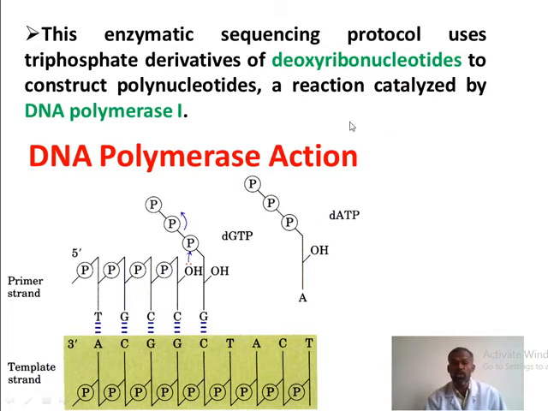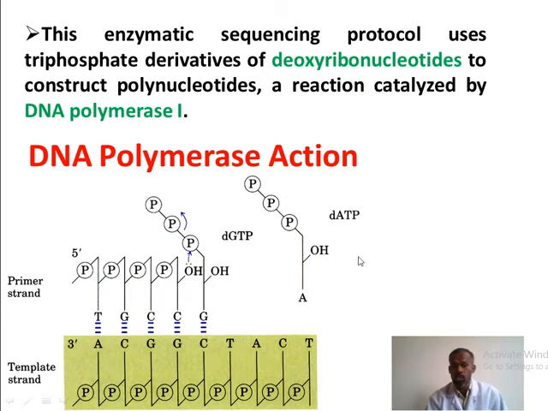First, you need to know how DNA replicates using deoxyribonucleotides and DNA polymerase. Actually, DNA is made up of four bases, right? And DNA replicates 5 prime to 3 prime. When the replication starts, the new bases are added to this OH group. The phosphate and OH group bind in a phosphodiester bond.